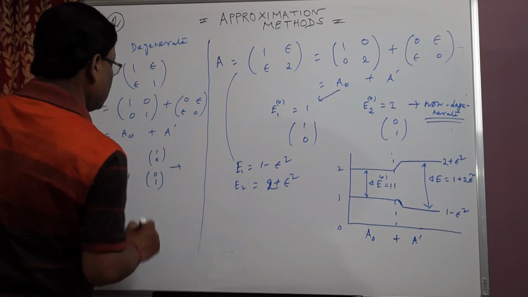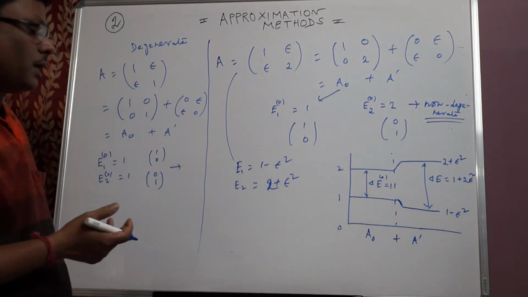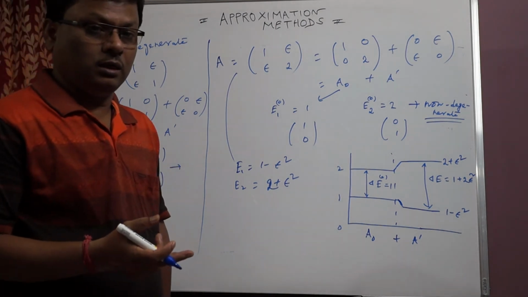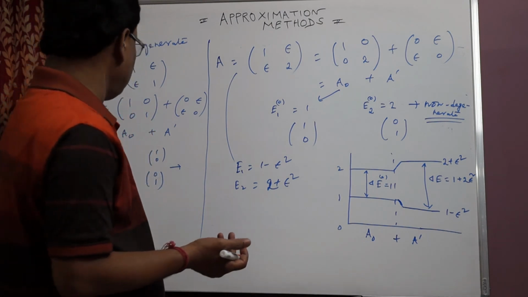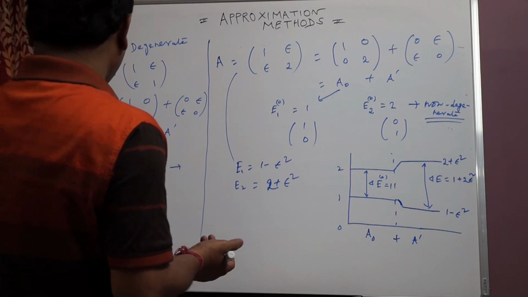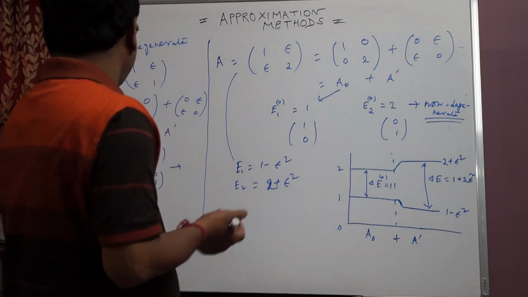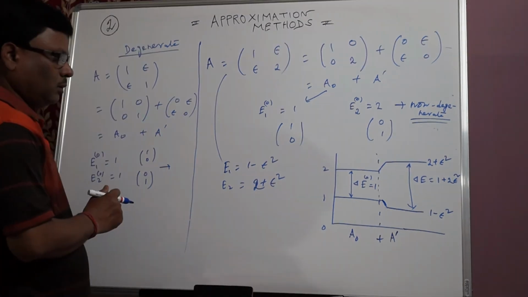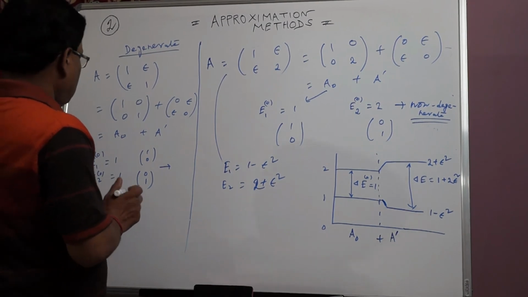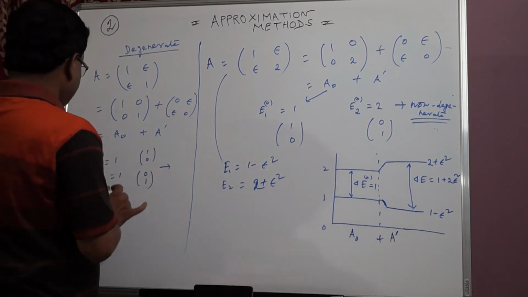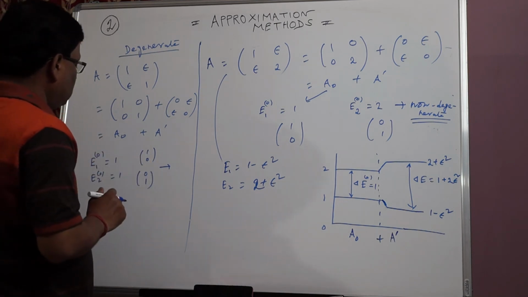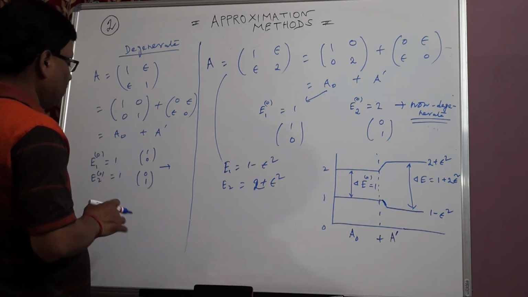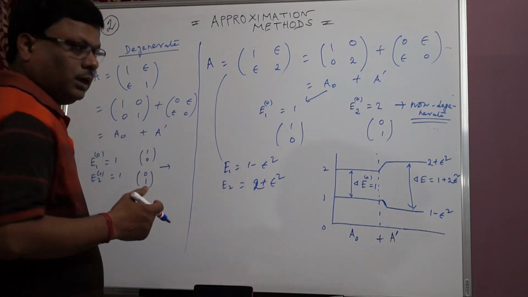So this is a degenerate case: the eigenvalue has twofold degeneracy, that is, a doublet.